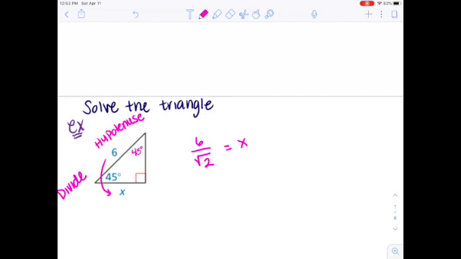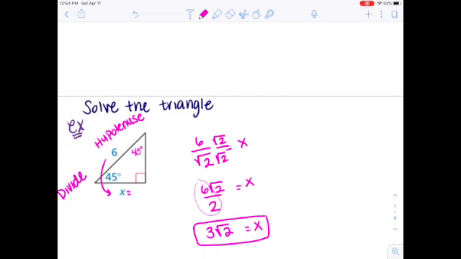Now, of course, we need to rationalize that, so we multiply numerator and denominator by root 2 over 2. That is just equal to 6 root 2 over root 4, which is just 2, and then we can simplify the 6 over 2 to be 3 root 2.